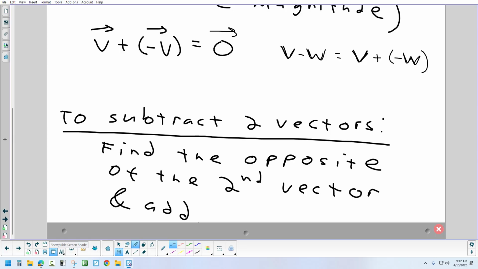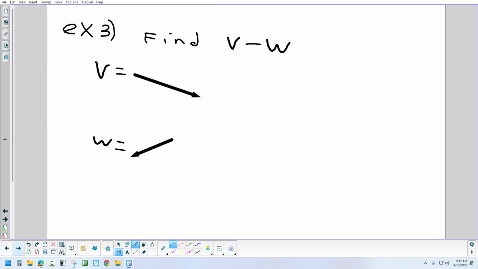Okay, and for us, finding the opposite of a vector means to take your vector and have it point the other way. Keep the length the same, just flip the direction. All right, so let's see if we can subtract two vectors visually. Okay, we will get into doing it with numbers in a little while, probably more tomorrow.